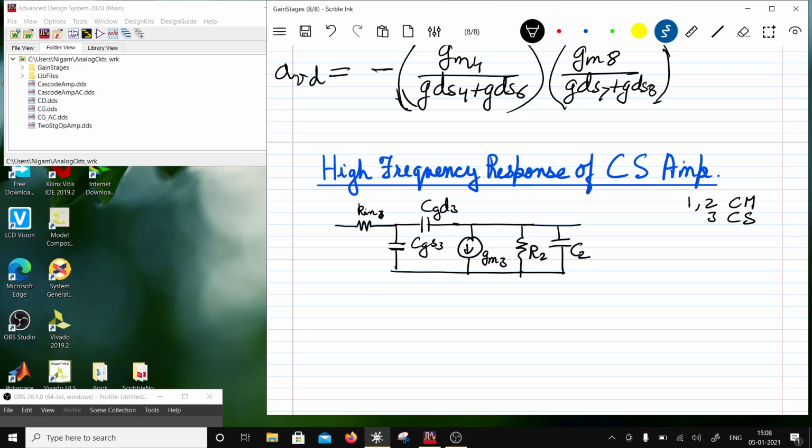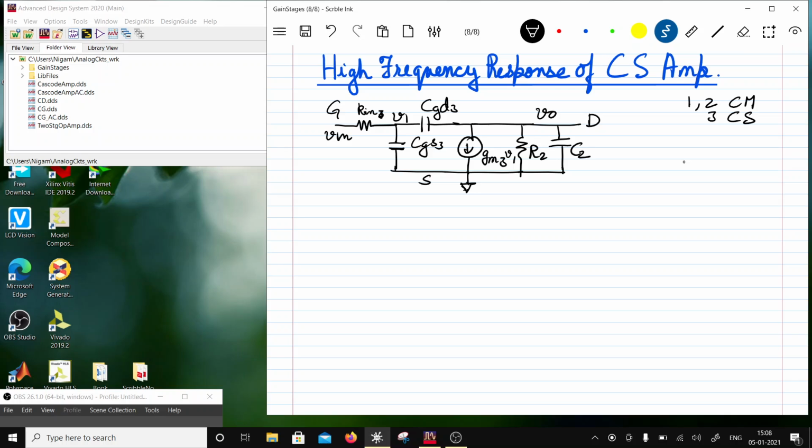So let me just first clarify what is this R2 and C2, and I'm assuming that there is no body effect. So I have got drain, source is grounded, and then I have got a gate where I'm going to give in Vin, right? So this node is seeing Vin, and then this node is V1. So there is a division of voltage over Rn3 and CGS3, so that would be the input V1, and then this will be GM3 V1, and this output voltage is VO.